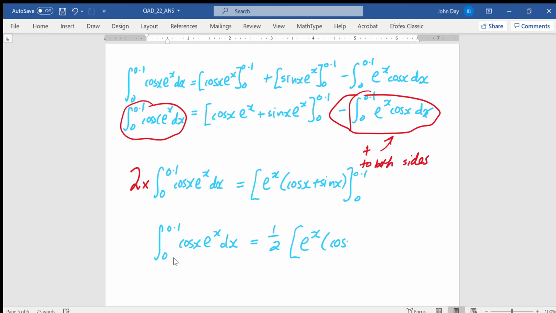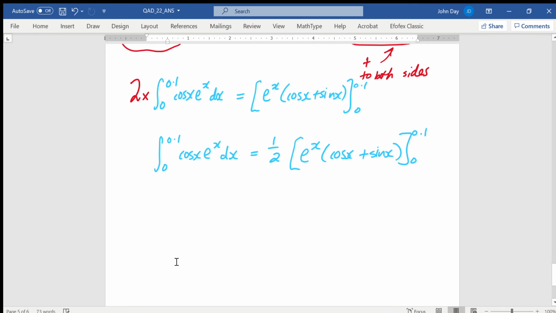and work out this definite integral here, and I'll have my answer. So that's equal to a half. Okay, now we've got e to the 0.1 cos of 0.1 plus sine of 0.1.